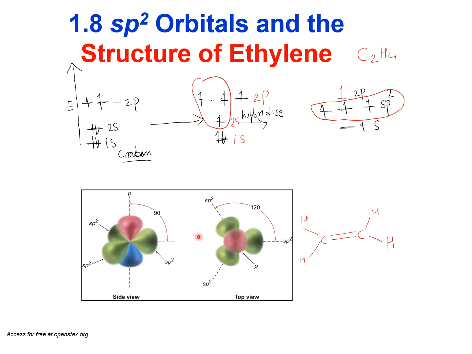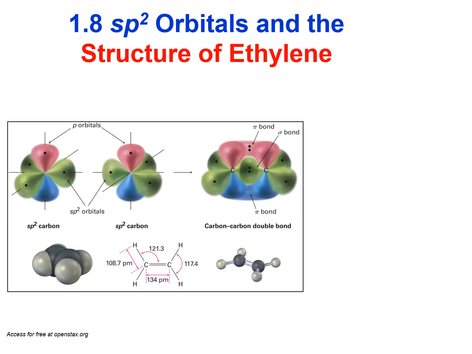Okay, so now in this slide you can see the two carbon atoms, each with sp2 hybrid orbitals and one unhybridized p orbital shown. The green lobes represent the sp2 hybrid orbital with 1 electron each, and then the unhybridized p orbital has also 1 electron.